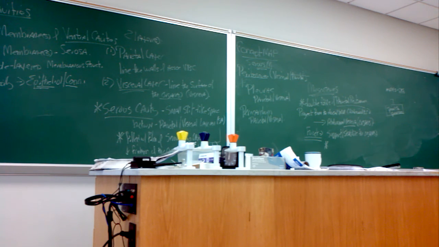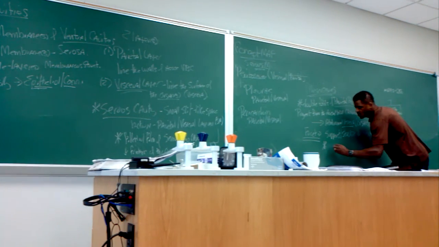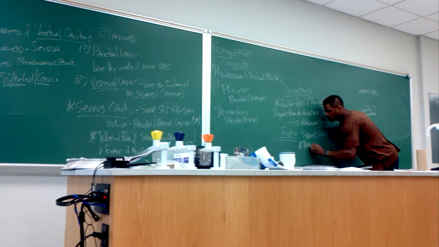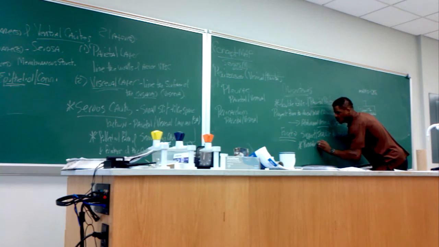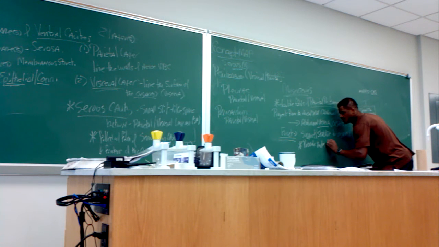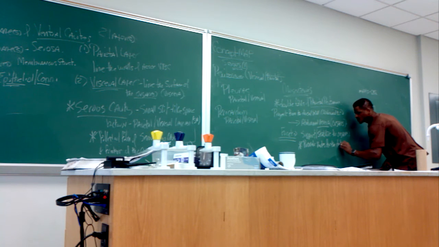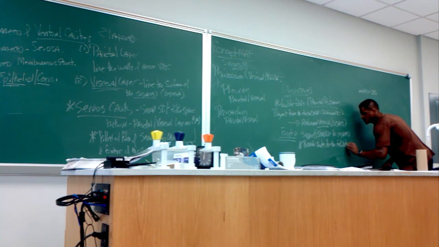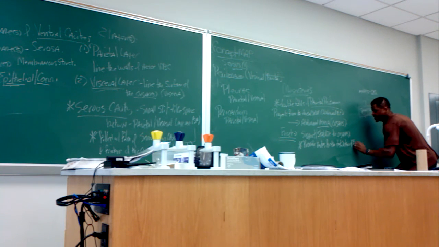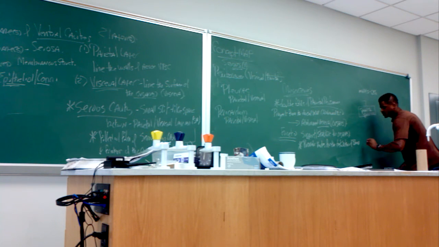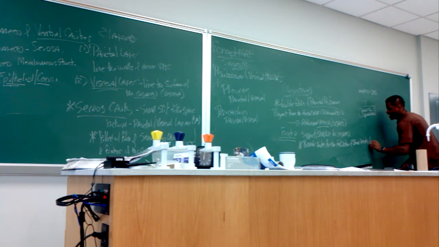So the mesenteries will also provide routes for the distribution of blood vessels and nerves to our organs.